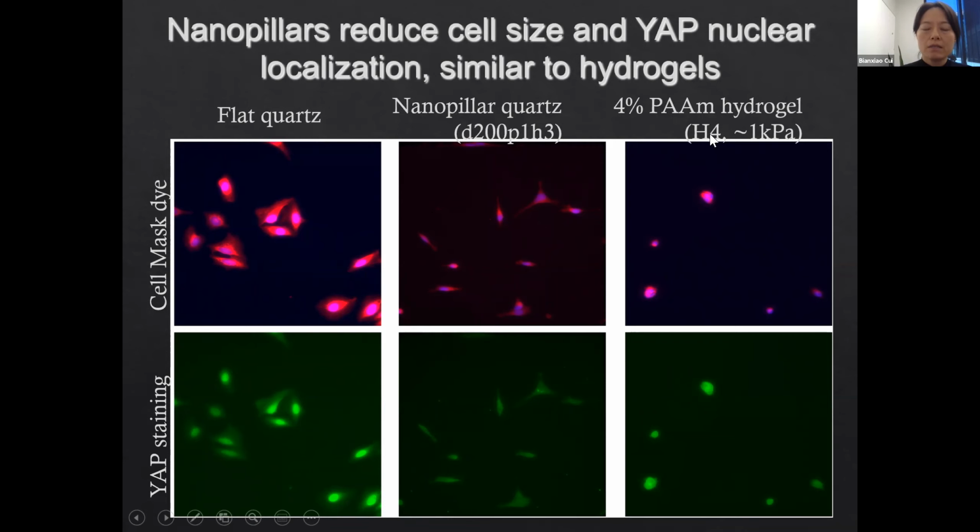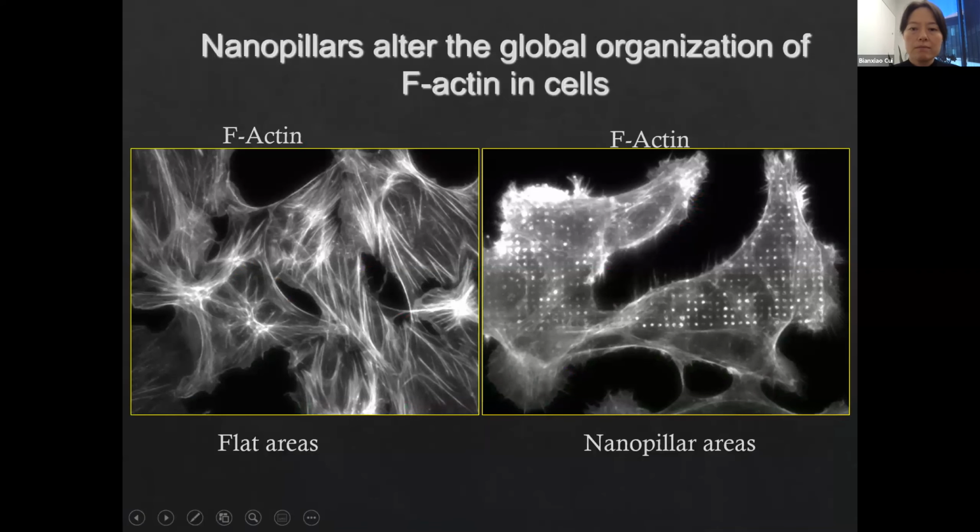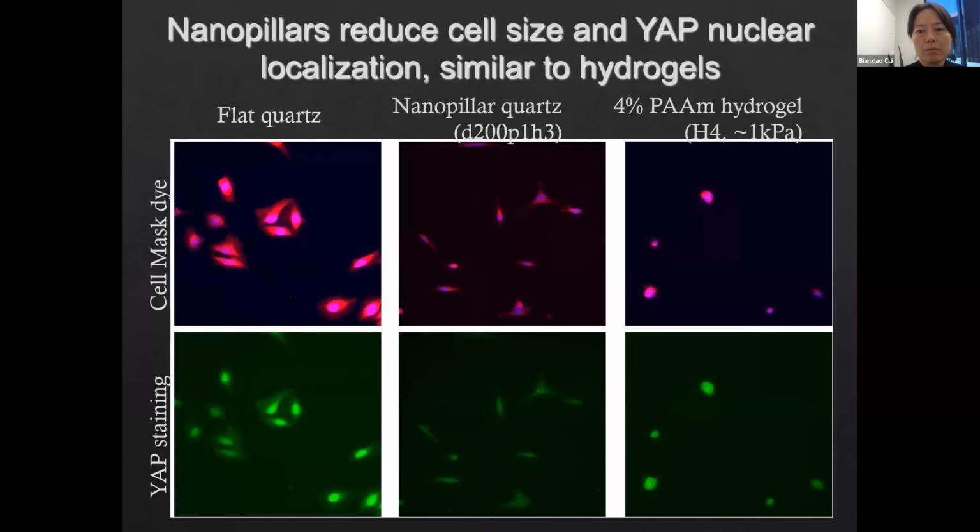The reason we look into hydrogel is that when we see that most of the stress fibers have largely disappeared, we know that cells cultured on very soft substrates do not have a lot of stress fibers. So we compare the nanopillar quartz with the hydrogel substrate.